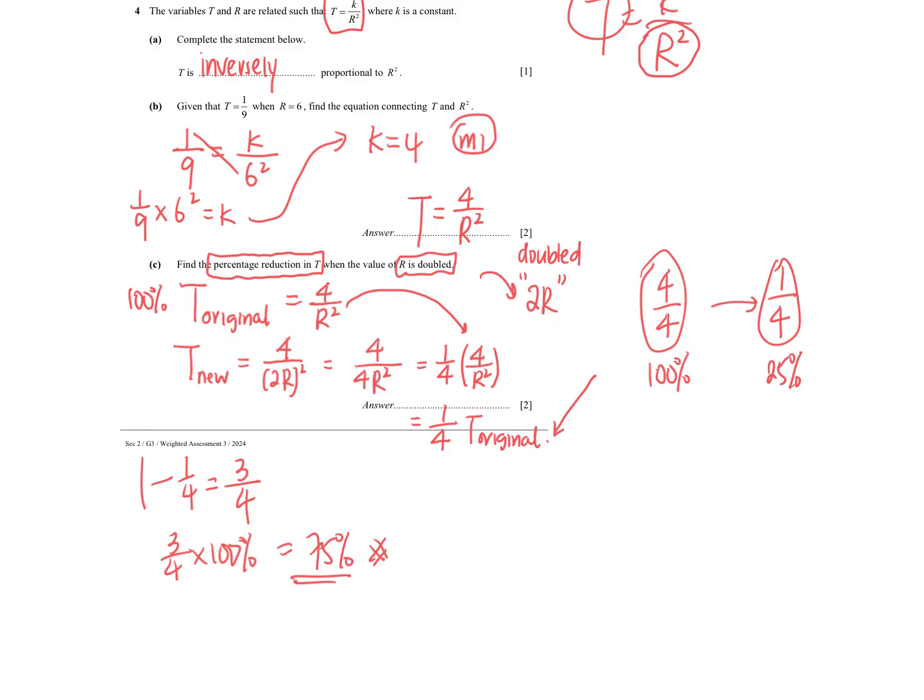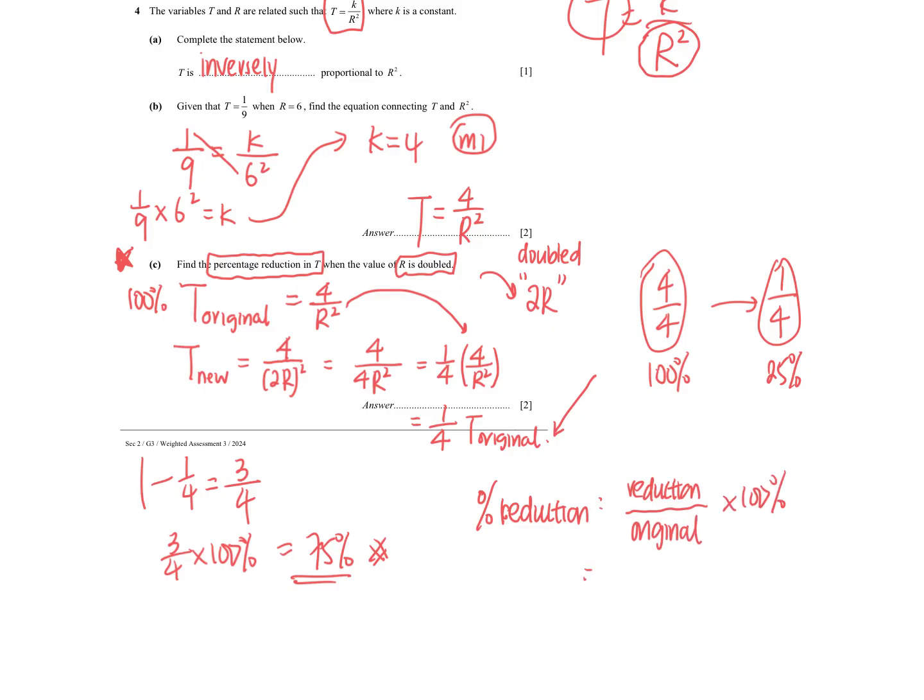So these are the star kind of question that it can appear in this paper. They can say double, half, triple, okay, but you will be using this kind of methods. So if you want to use formula, right, percentage reduction is reduction over original times 100%.